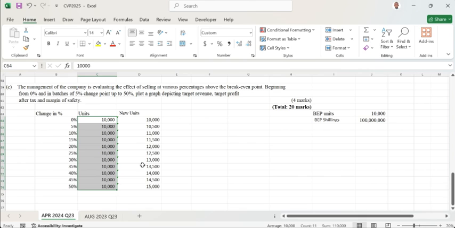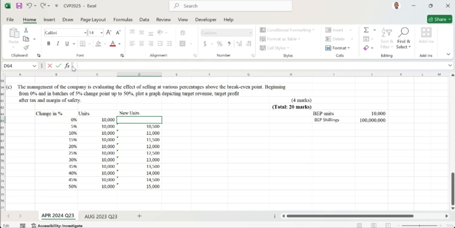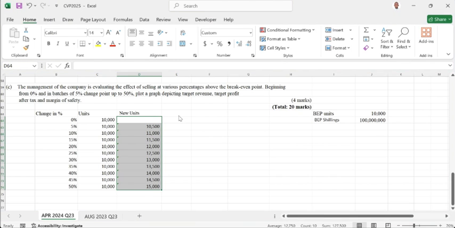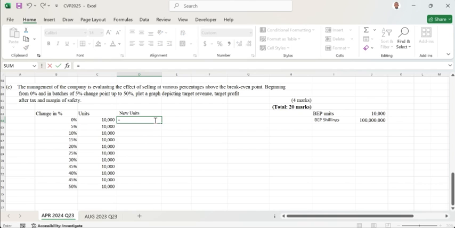The 10,000 your uniform, then we go to the other. Nitoe hii yote hii. New units. 10,000 haijachange, imeenda tu hivi uniform. No, hii ni uniform. Unajua hii ni break even. Hii ni break even.